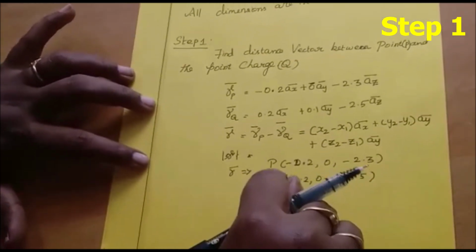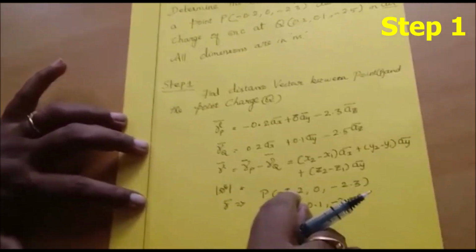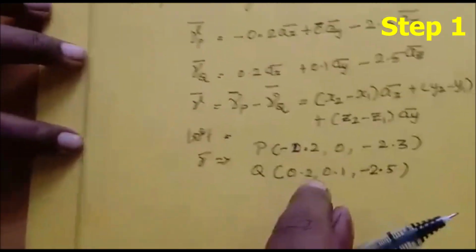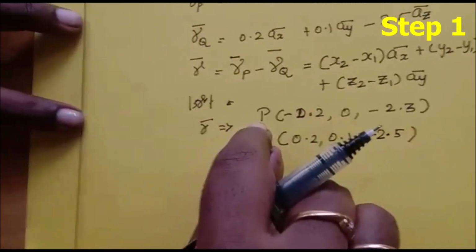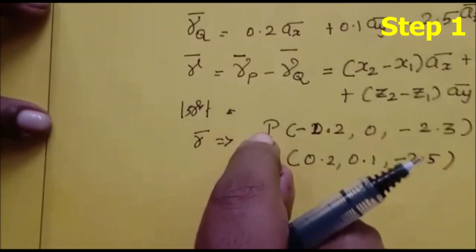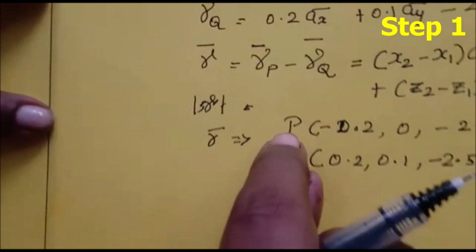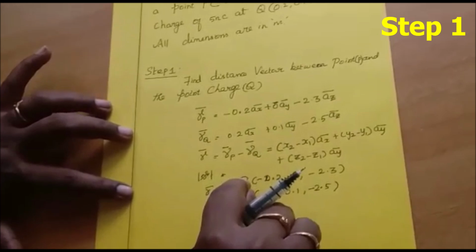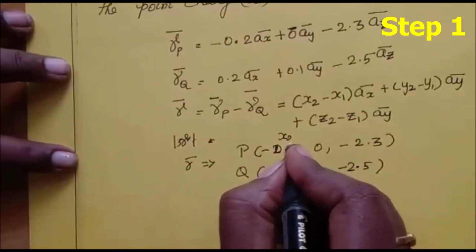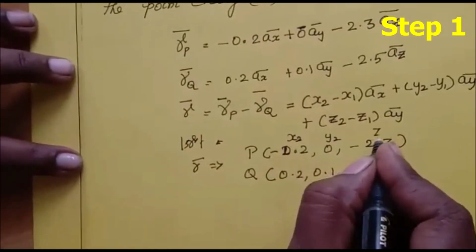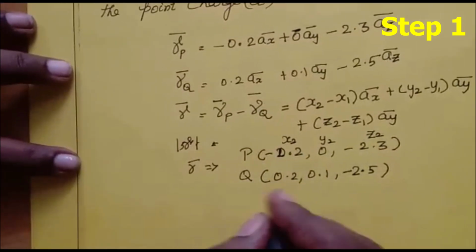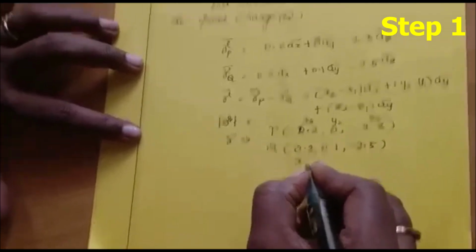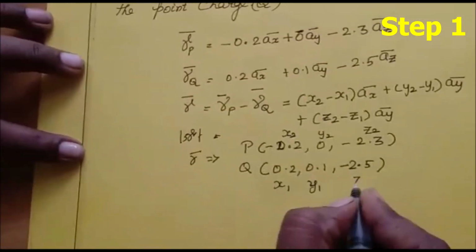The point at which the electric field intensity is to be found is always taken as x2, y2, z2. The coordinates of the charge are taken as x1, y1, z1.